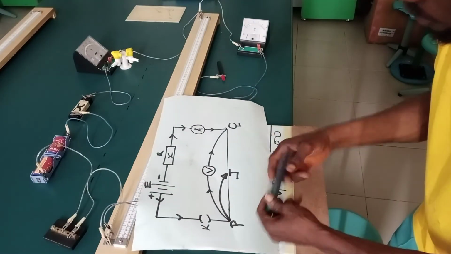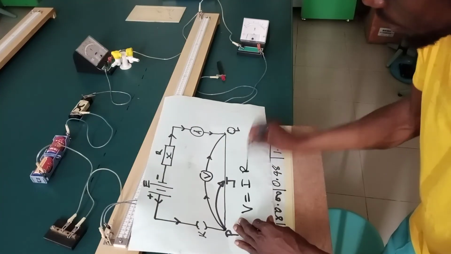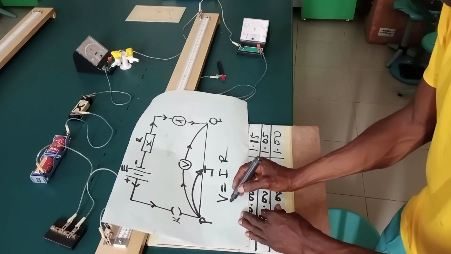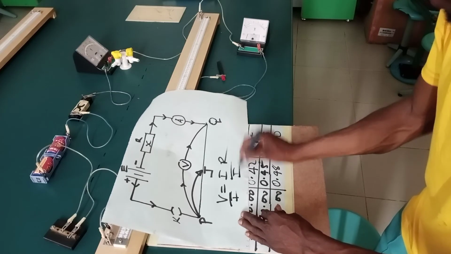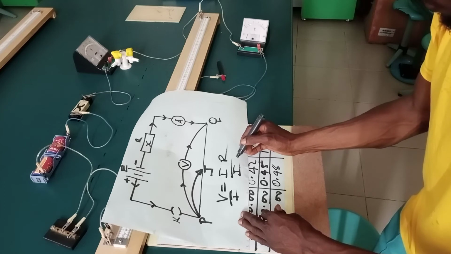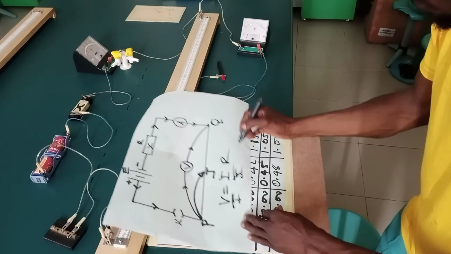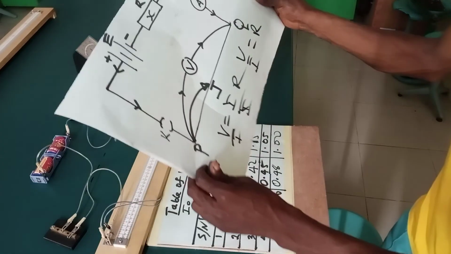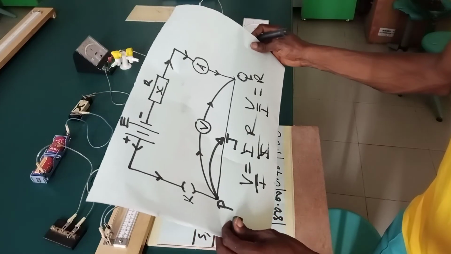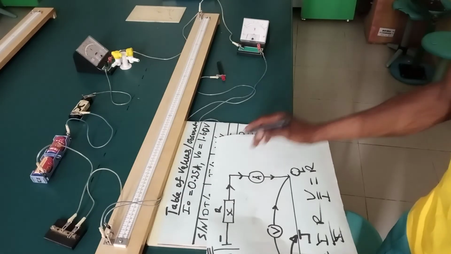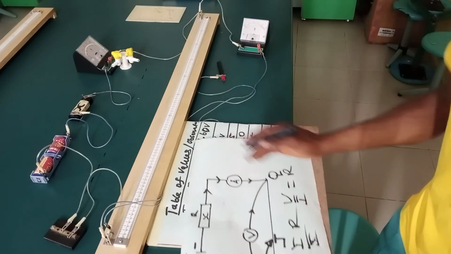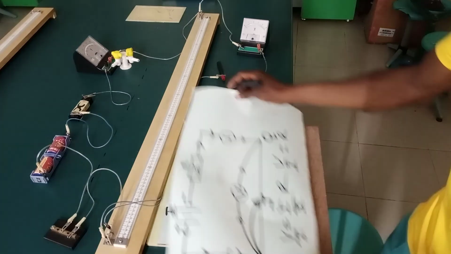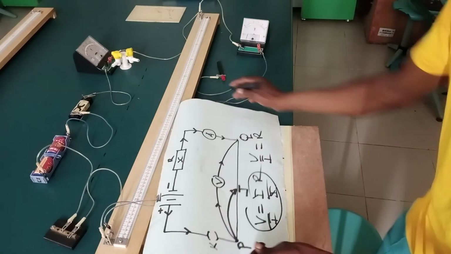Dividing both sides by I will give you V over I is equal to R. But in this case, they ask us to plot the graph of I on the vertical axis and then V on the horizontal axis. Again, this is one equation controlling this experiment.